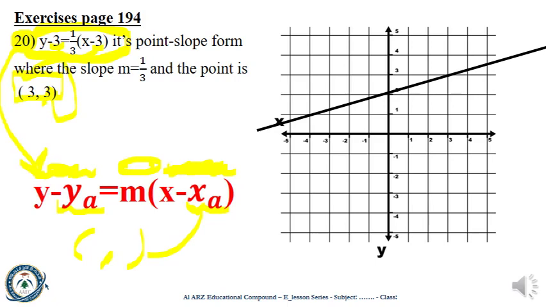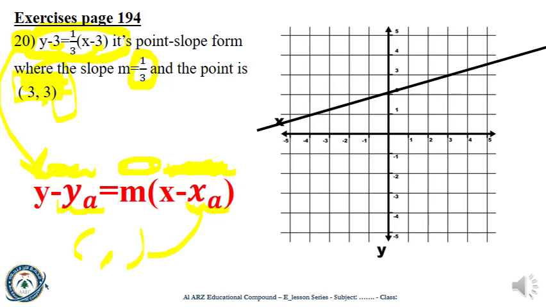The other thing we will be looking at is the slope, which is in this case 1/3. As it is already a fraction, we're going to take the numerator, which is 1, as the number of steps upwards because it's positive, and the denominator as the number of steps to the right.